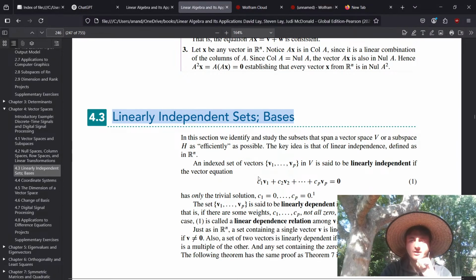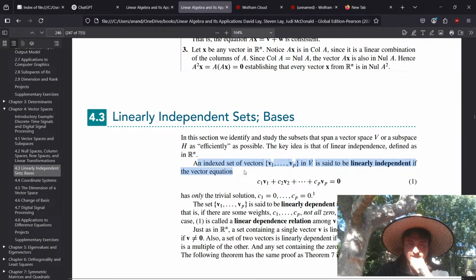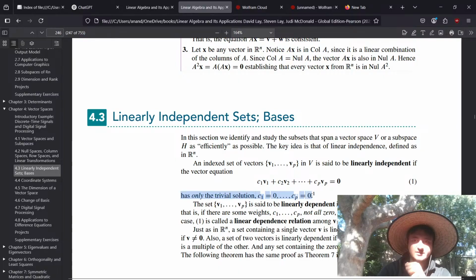Okay. So I've already read through some of this, but an indexed set of vectors is said to be linearly independent if the equation of some linear combination of the vectors equaling 0 only has the solution where the coefficients are 0.